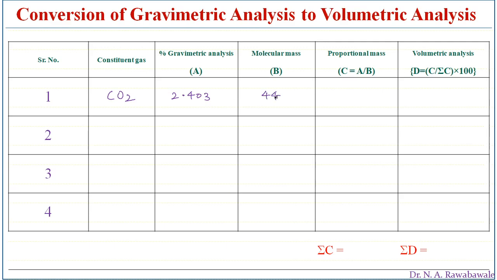So dividing A by B, we get the proportional mass as 0.0546.